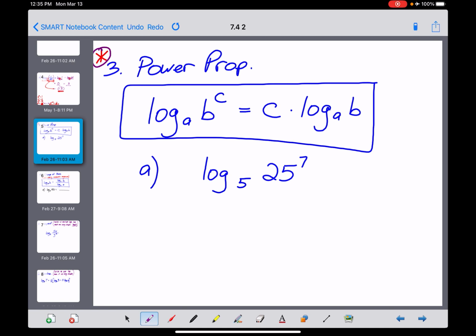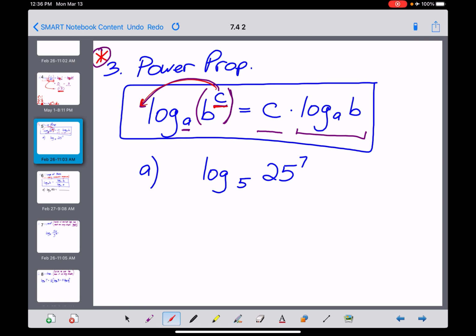If you have a logarithm in some particular base, base a, and if your product, and again I should have had parentheses here, contains an exponent, if it's b to the c power, you can now take that exponent and bring it out in front as a coefficient of that logarithm. So that's why we have c multiplied by the log base a of b. Really all that happened is we took that exponent and pulled it out in front of the logarithm.